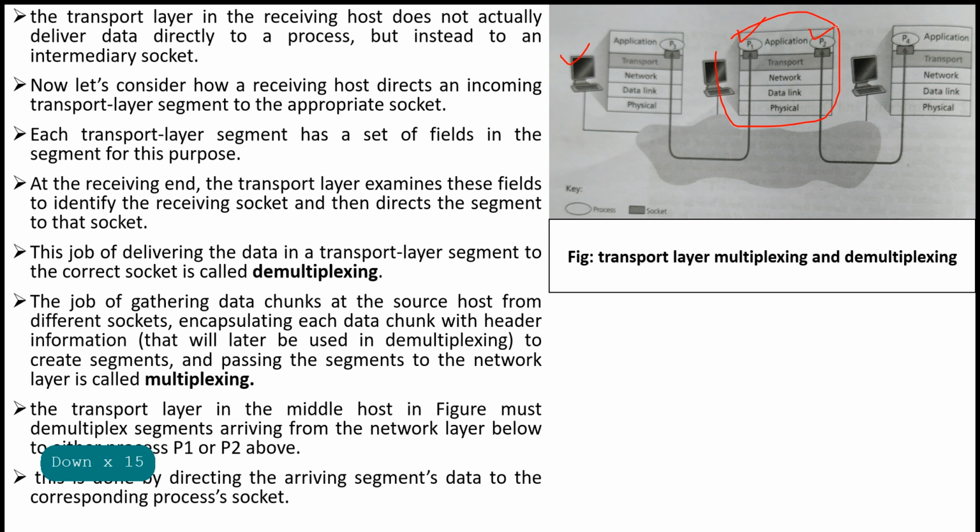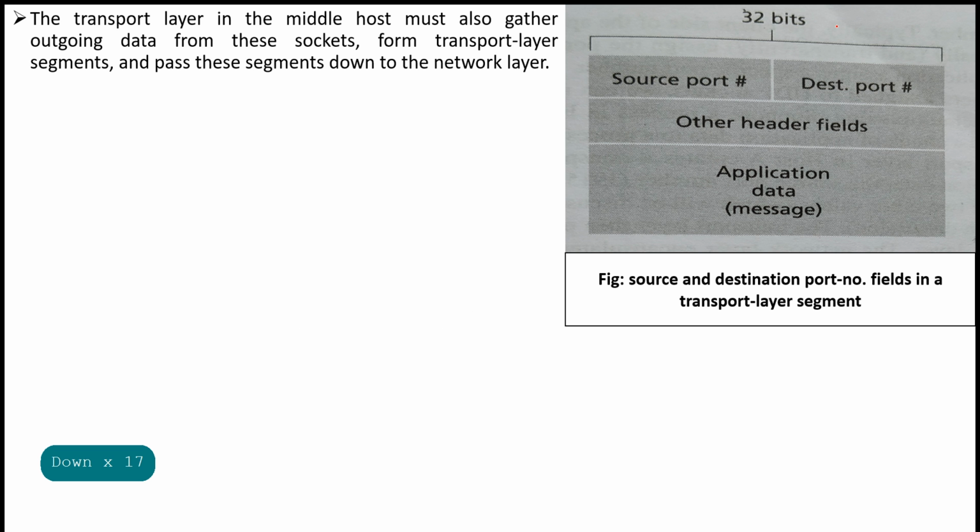This is done by directing the arriving segment's data to the corresponding process's socket. Next, the transport layer in the middle host must also gather outgoing data from these sockets, form transport layer segments, and pass these segments down to the network layer.